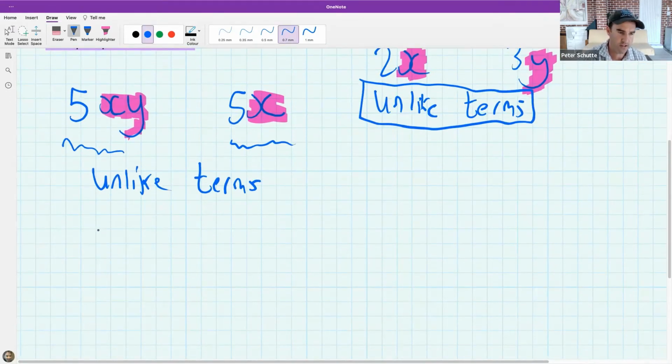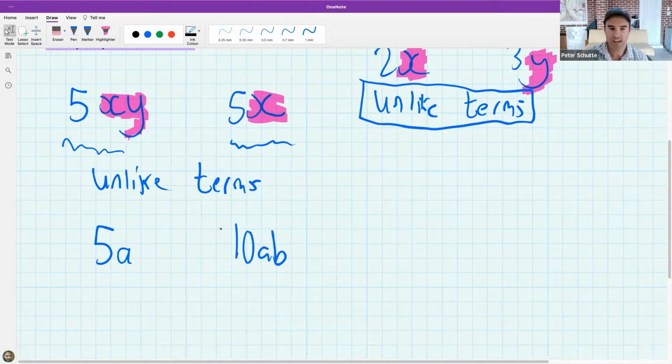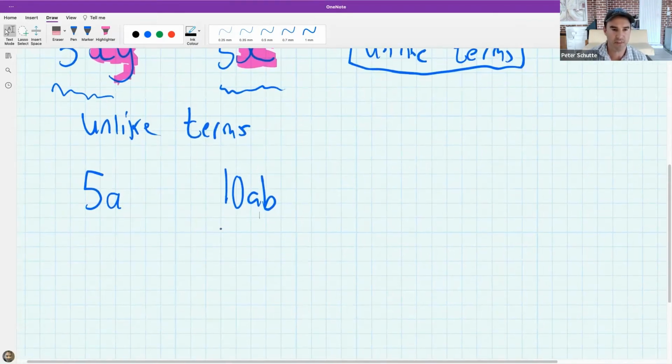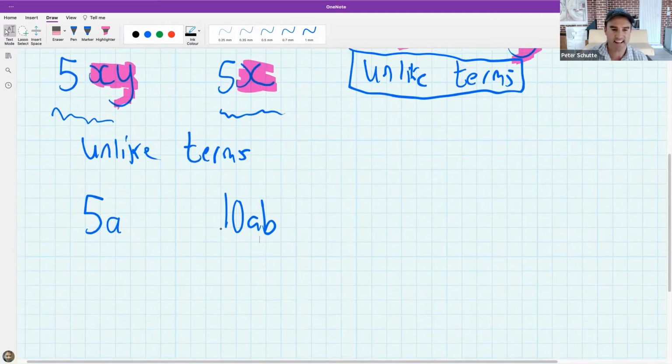What about if I have 5a and 10ab? If you think those are like terms, give a thumbs up. If you think they're unlike terms, give a thumbs down. Just want to make sure we know how to do this first.